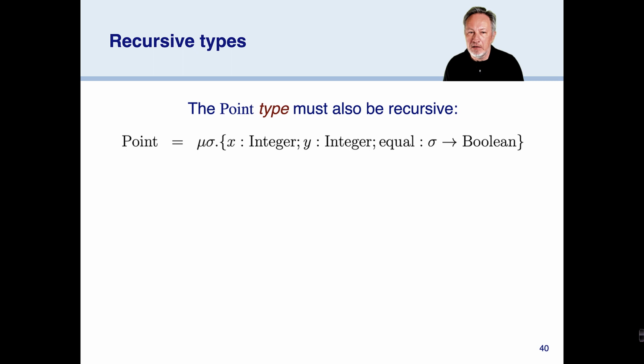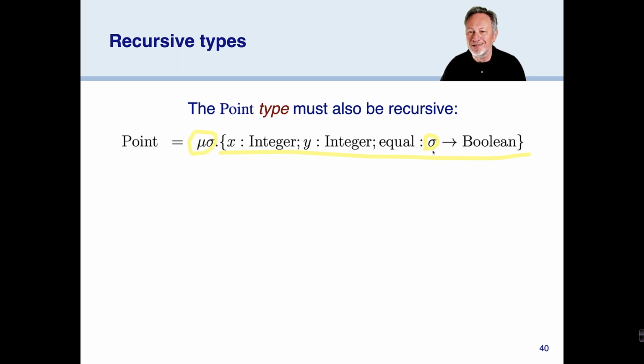Now the point as a type must also be recursive, and that's kind of tricky. So point is going to be a fixed point here. Point is essentially going to be a record, but this record makes use of point itself in its own definition. So we need to take a fixed point.